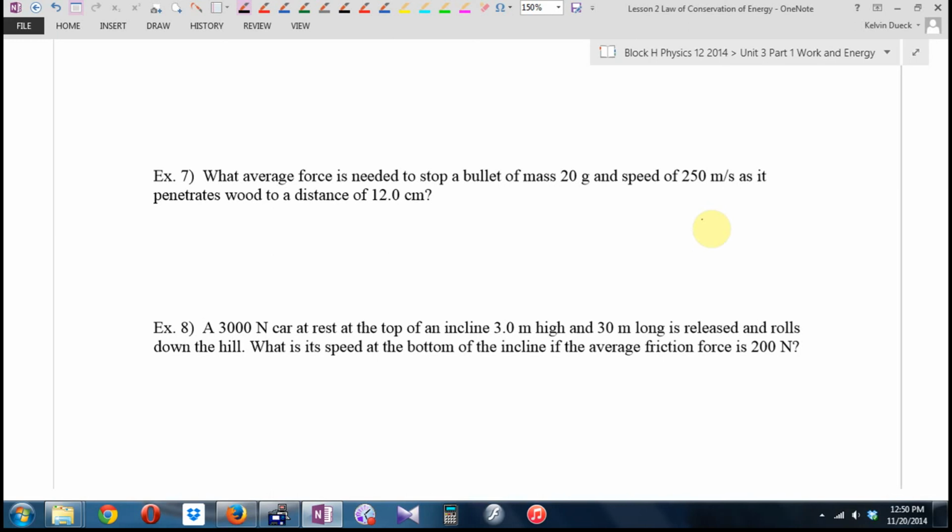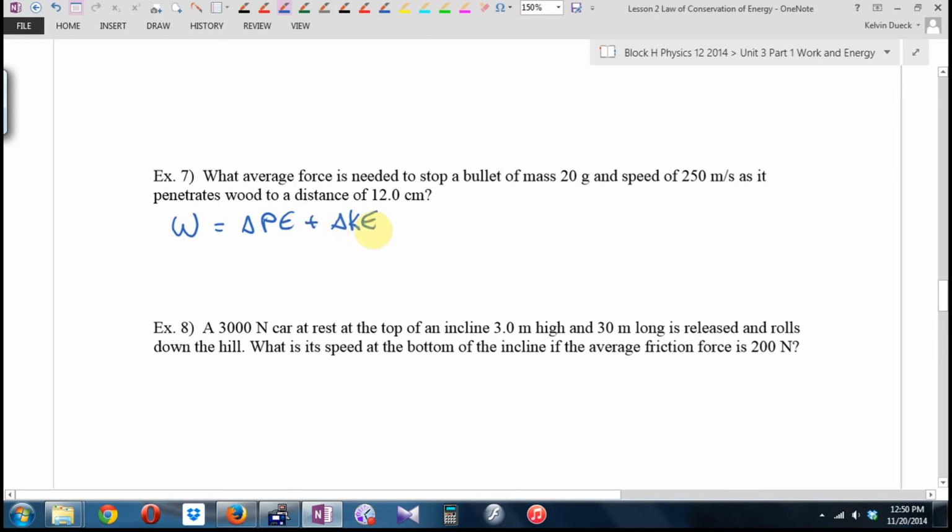You know what? I think I can do this a different way as well. I think I can say this: work equals the change in potential plus the change in kinetic. And I don't think this question is talking about any change in height.